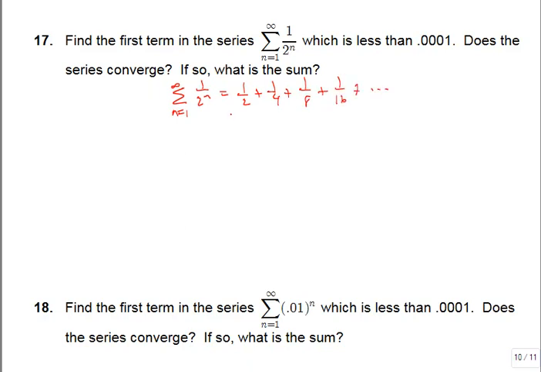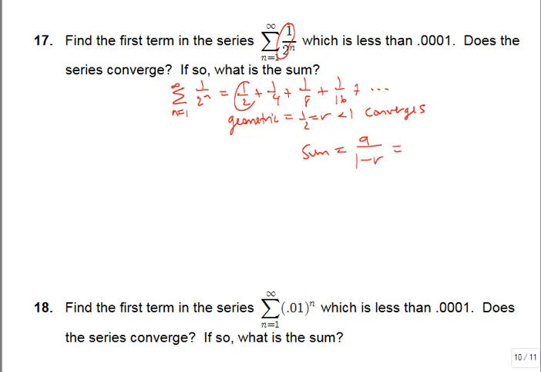That's geometric. And it's geometric because to get the next term, we're multiplying by 1/2, this 1 over 2 right here. And the fact that that r, 1/2, is less than 1 means that this will converge. So we know it converges, and therefore we know its sum. Because for a geometric series that converges, the sum is a over 1 minus r.